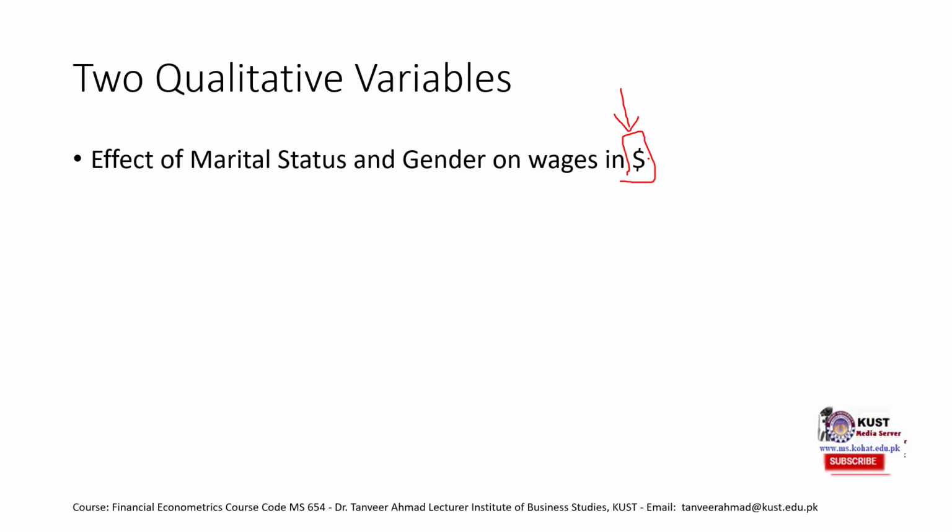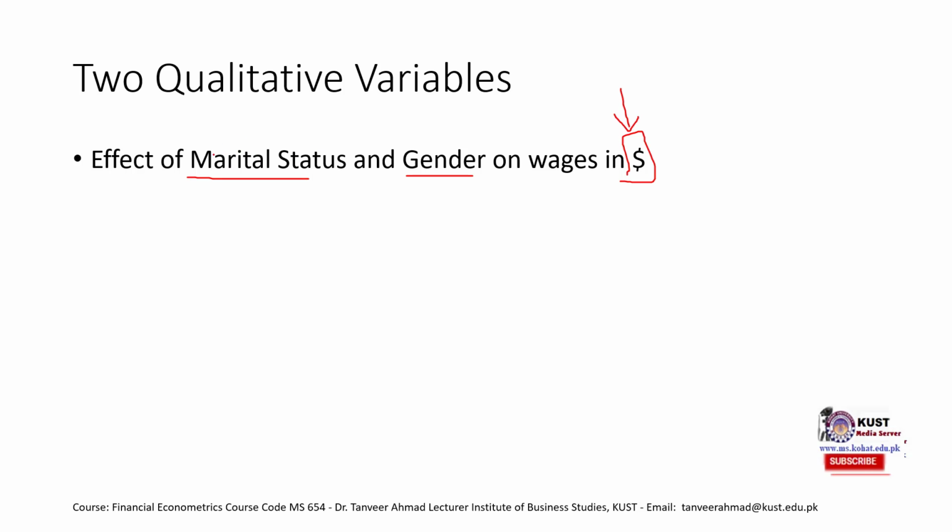It obviously is continuous, but that is not the aspect of our lecture. We aren't going to discuss this aspect. What we are going to discuss is that both these variables are qualitative variables. They are categorical variables. They both are independent variables, and when we have these two different categorical variables, no matter how many categories we have within those variables, how would we interpret this?